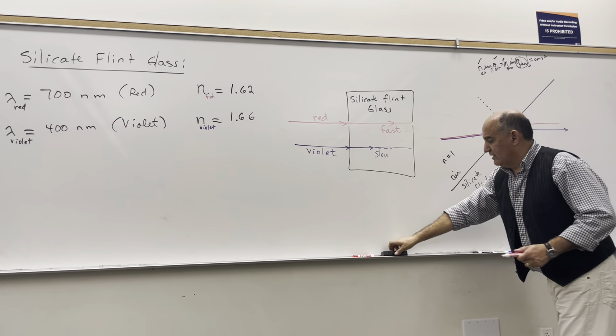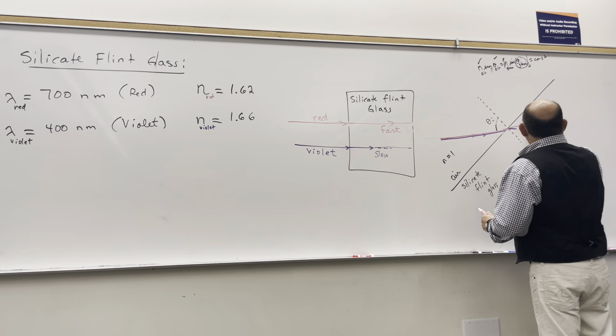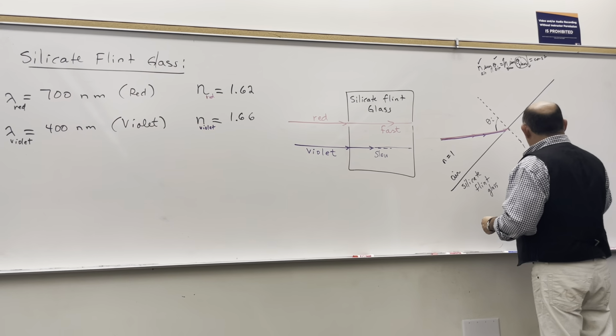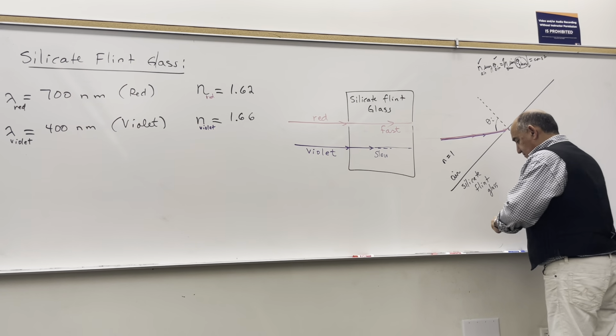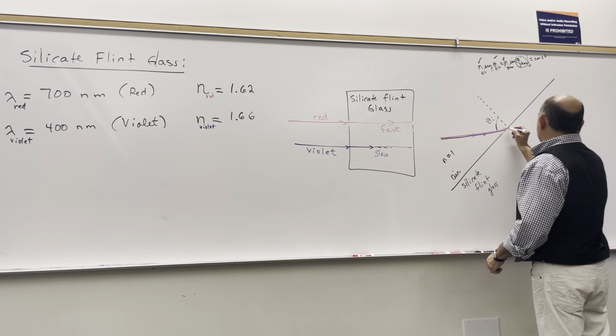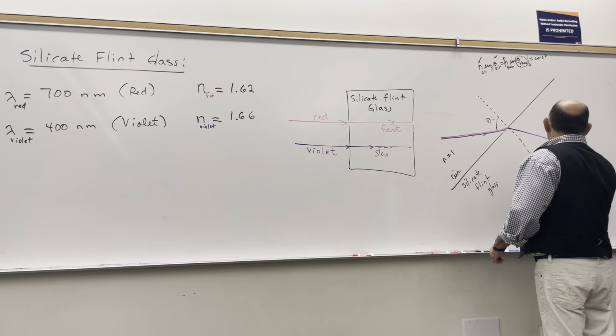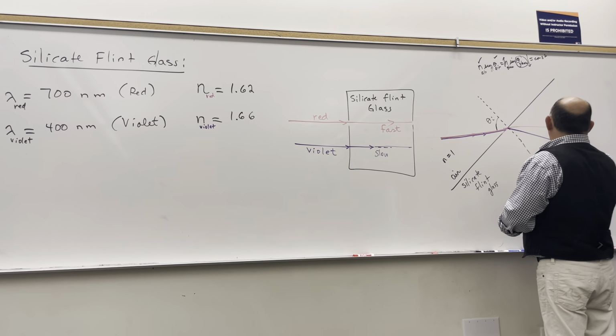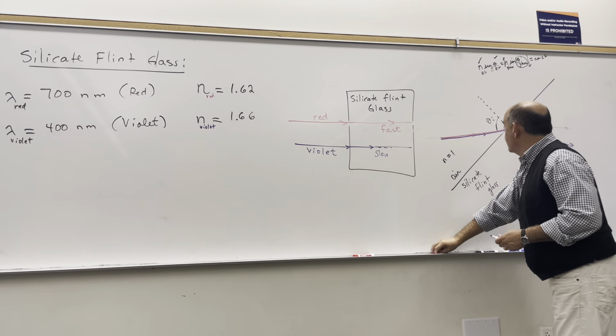Although that doesn't look like it bent. Sorry, I'm not a good artist today. Not that I've ever been, but let's exaggerate. Violet is going to go this way, and the red one is going to go this way, instead of going straight.